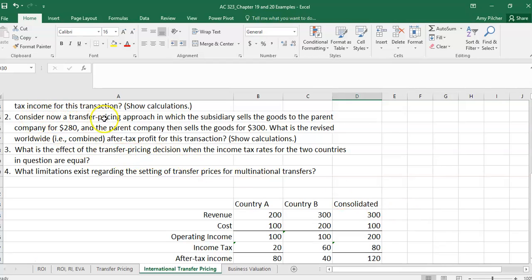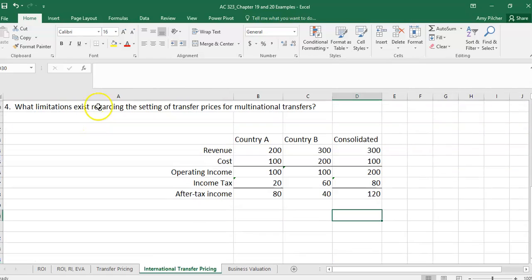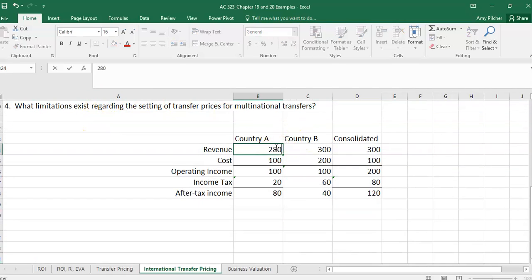Number 2 says, consider now a transfer pricing approach in which the subsidiary sells the good to the parent company for $280 instead of that $200. So we're just changing the transfer price. So we change here 280 and here 280. So what we see is a change in the income tax effects.